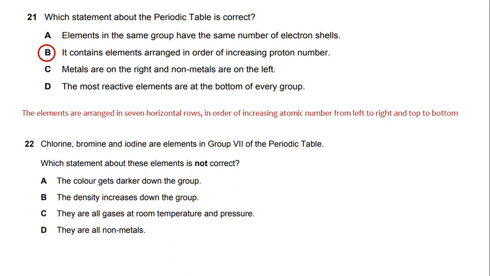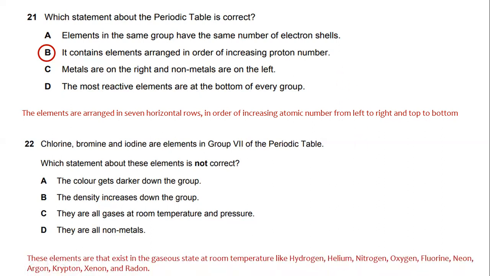Chlorine, bromine, and iodine are elements in group 7 of the periodic table. Which statement about these elements is not correct?